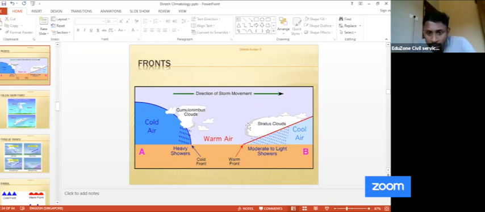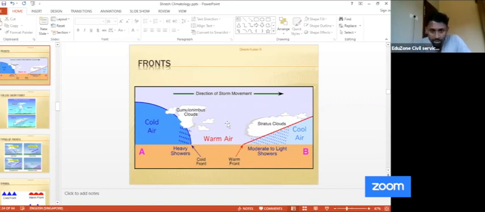Cold air is entering into this area, so warm air is getting pushed, right? Here also, warm air is getting pushed above the cold air. So what happens? This is my cold air. As this cold air moves towards this direction, can I say warm air is gradually getting lifted?